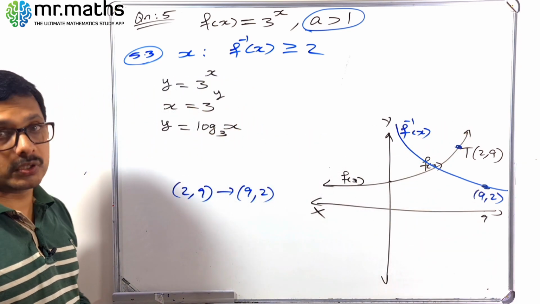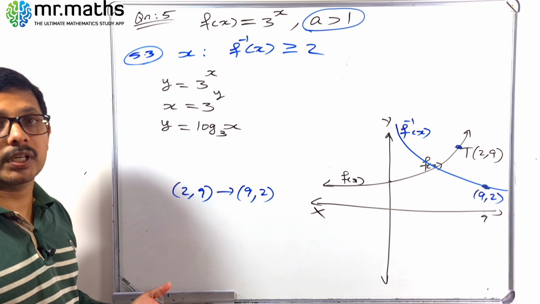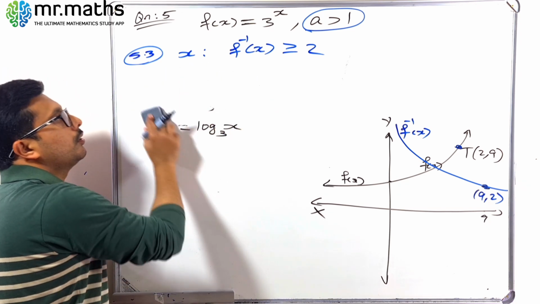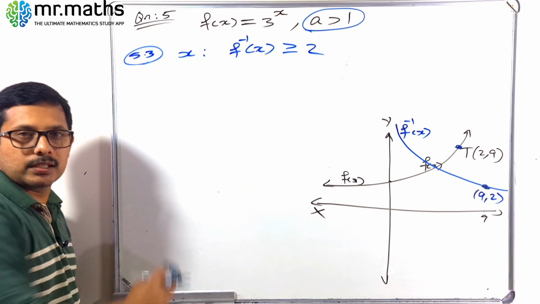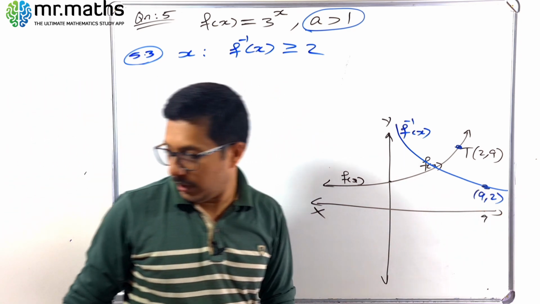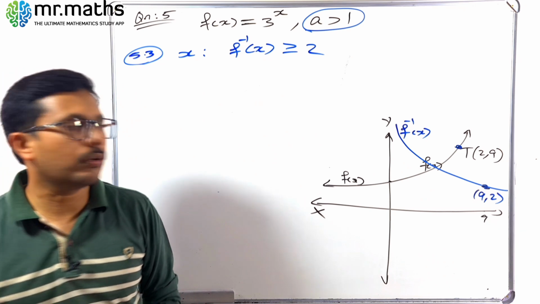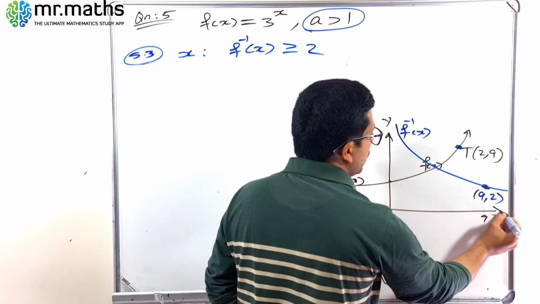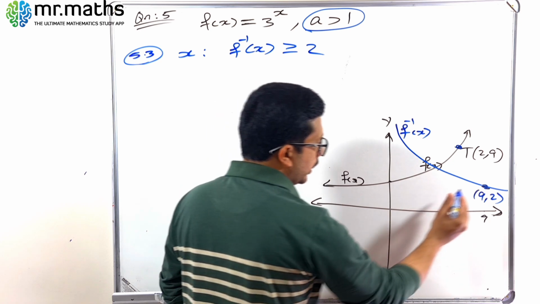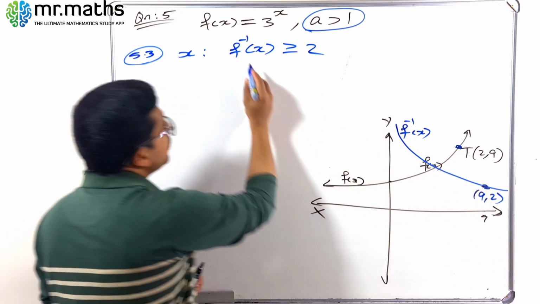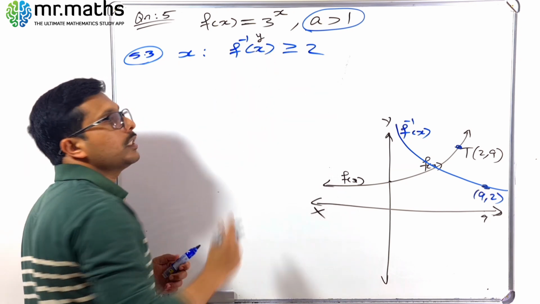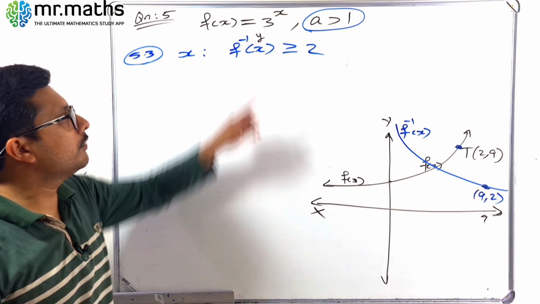But here our question is not to find f inverse of x. Our question is to find the values of x where f inverse of x is greater than 2. f inverse is a function, so we can represent it with a y.